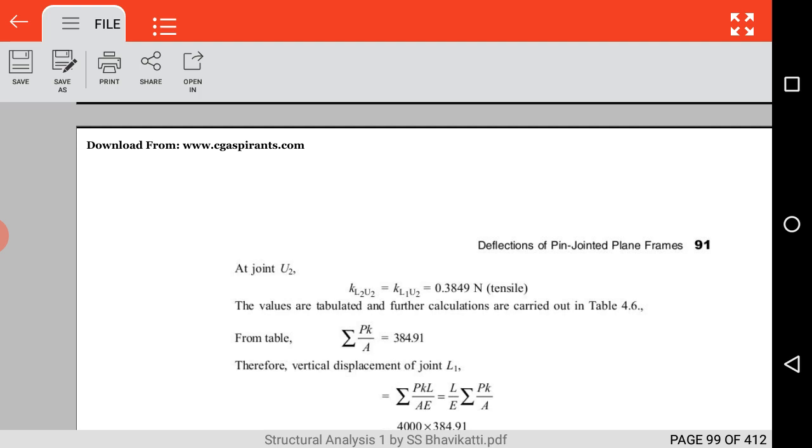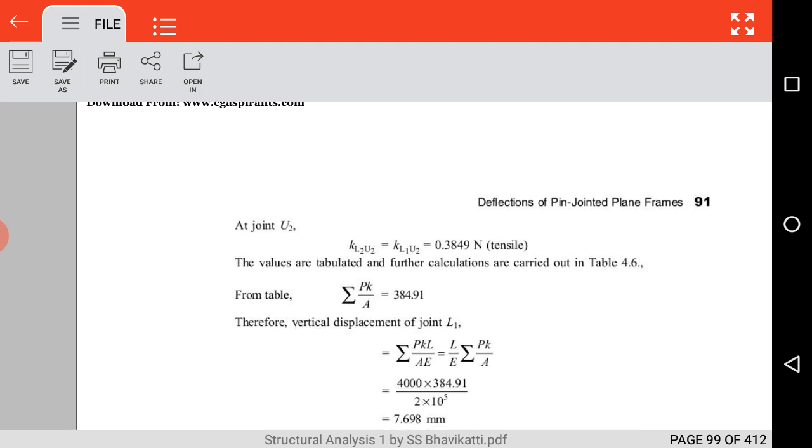So from the table we will have the value of PK by A, that is equal to 384.91, and the vertical deflection at the joint L1 is nothing but PKL upon AE.